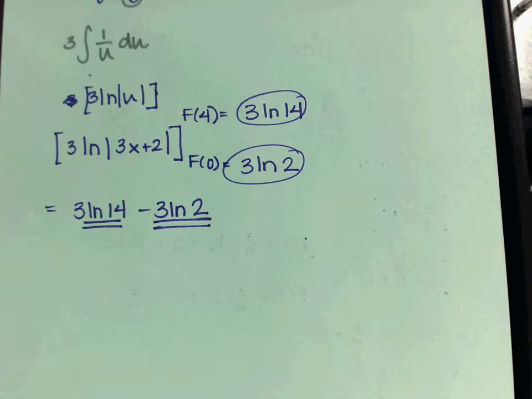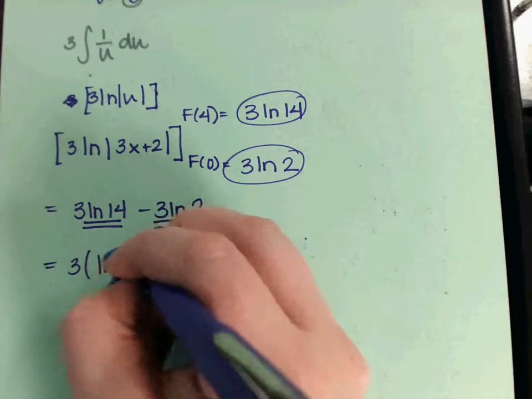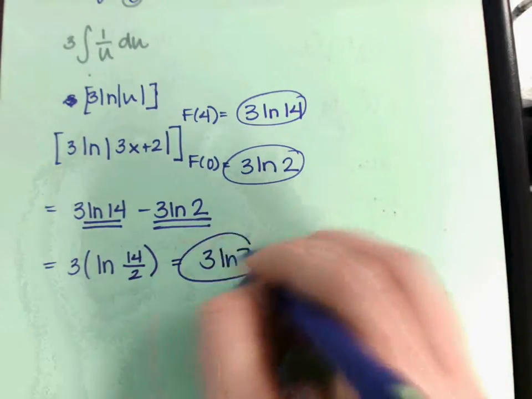You remember? You can divide. So instead of ln 14 minus ln 2, it's ln of 14 over 2, which is 7. So it would be 3 ln of 14 over 2, which is 3 ln 7.